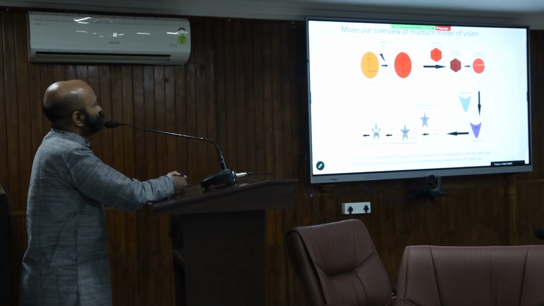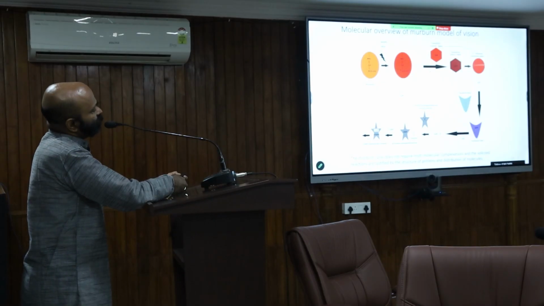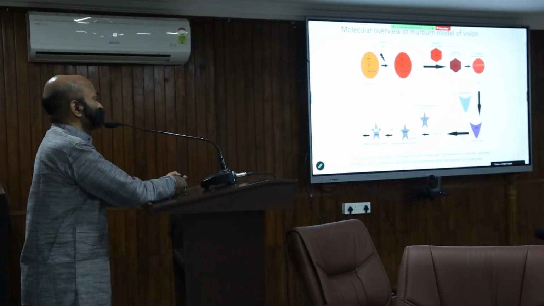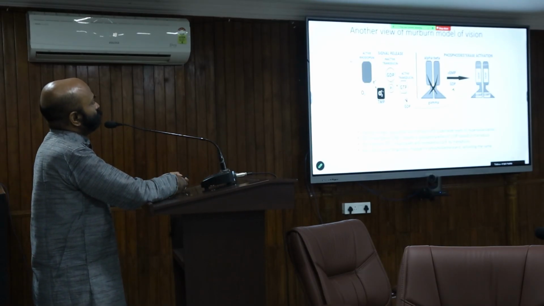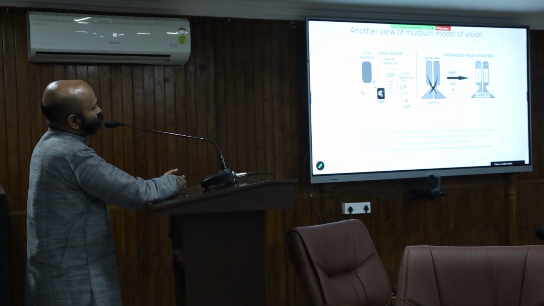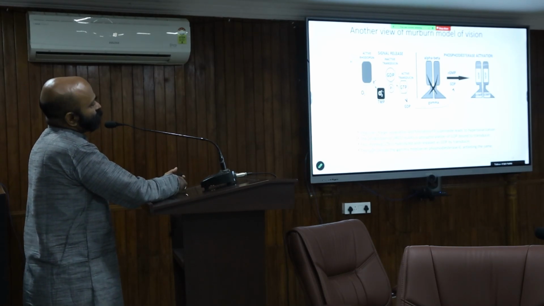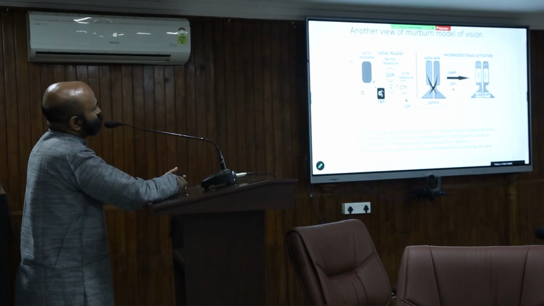So this small GTP can go to the immediate beta transducin, and it gets hydrolyzed. Then GDP releases, then that goes and interacts with the phosphodiesterase, which is like a clipped molecule, which releases. This is it. So another version, you see, effective charge separation occurs. This is the basic murburn theory.